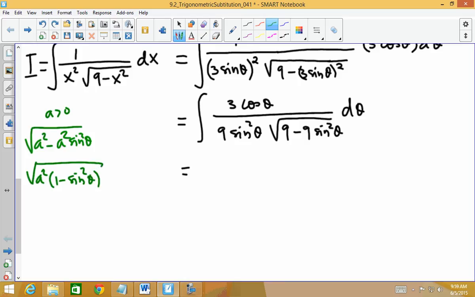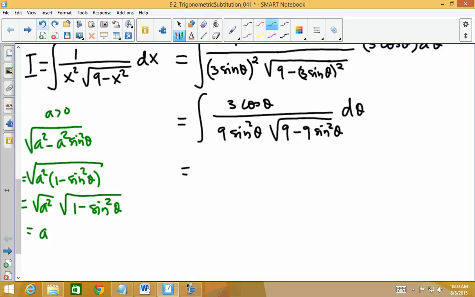The square root of a squared is the absolute value of a, and since a is positive, that is a.